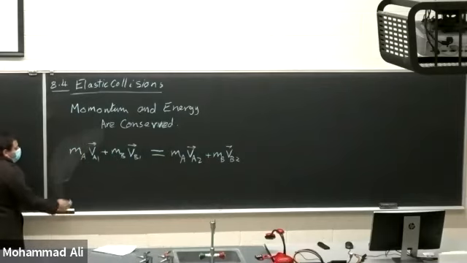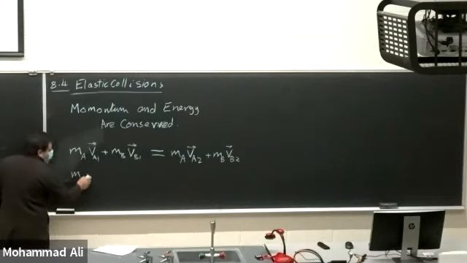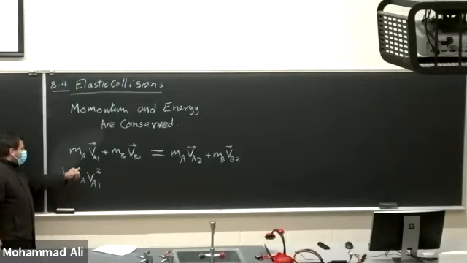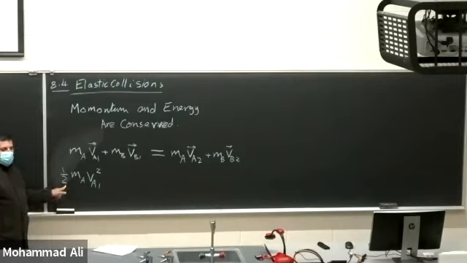Also, we have the kinetic energy. We have almost the same formula shape, but it is for the kinetic energy. The kinetic energy formula is different from the momentum by V squared, and we have a half.